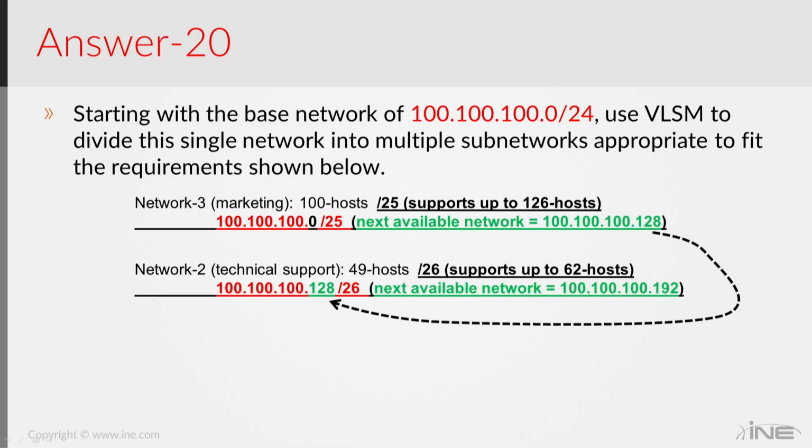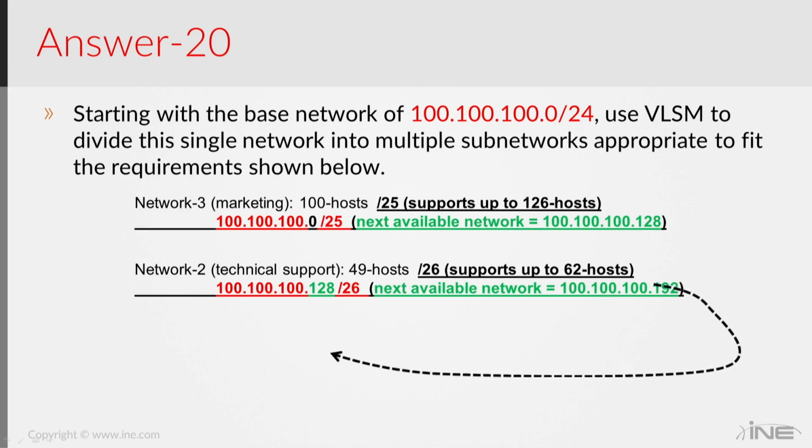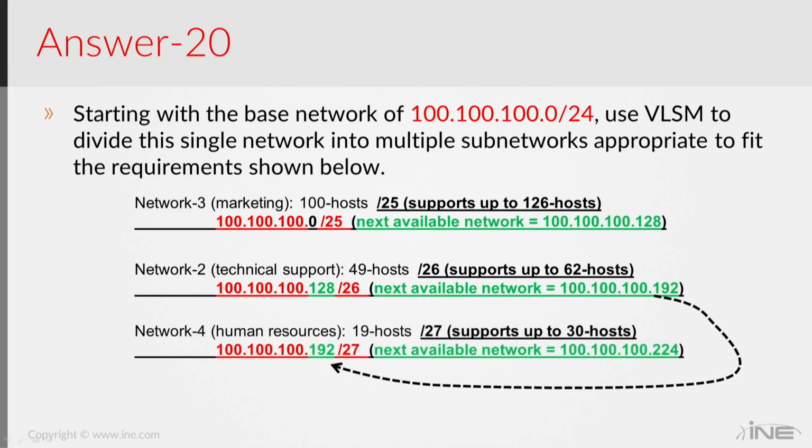So that's what we moved down to the next one, the next largest network, which was 49 hosts. That requires a subnet mask of /26. /26s are always in increments or multiples of 64. So we take our existing network of 128, add 64 to it, and our next available network was 192.